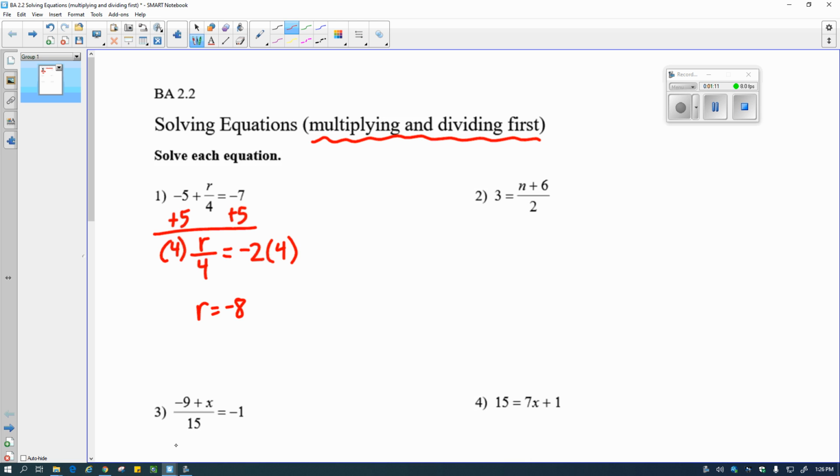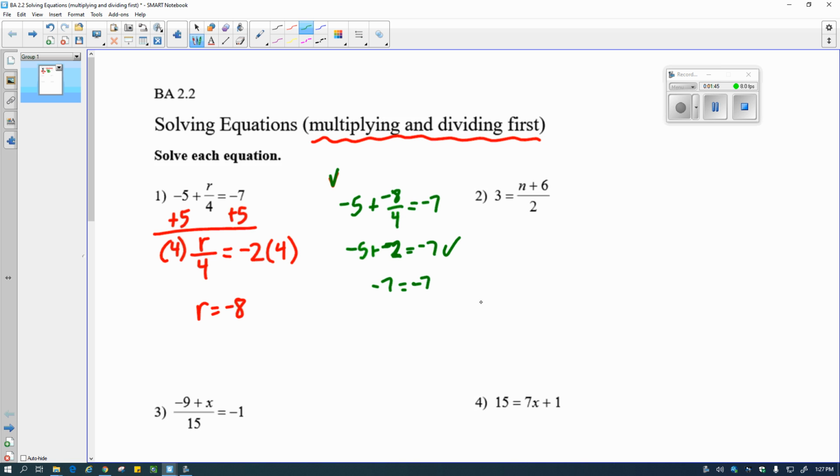If I were to check this equation, which we don't always do, but we can, my check is that negative 5 plus negative 8 divided by 4 should be negative 7. Well, that's negative 5 plus negative 2 equals negative 7, and that is a true statement. So we know we did that equation correctly. Negative 7 equals negative 7.